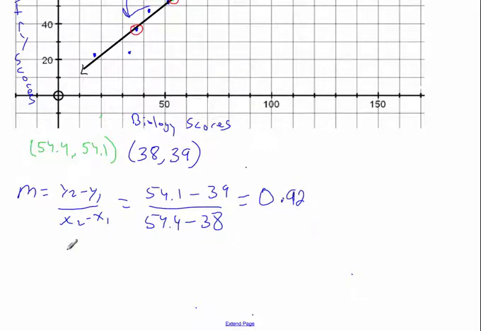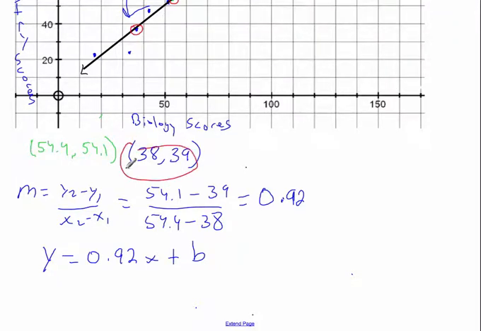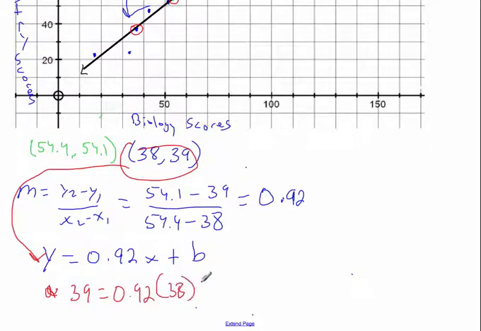And now we have our equation of a line is going to be y equals 0.92x plus b, the y-intercept, which we don't know yet. So then we're going to substitute in a point to calculate the y-intercept. I'll take this one and substitute it in here. So y is actually 39, so 39 equals 0.92 times 38 plus b.